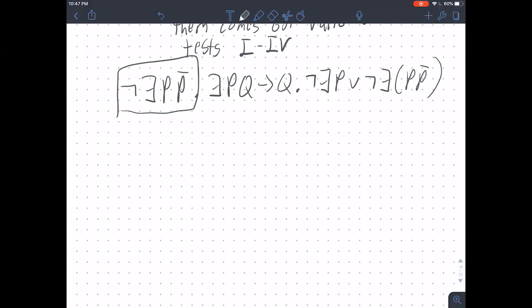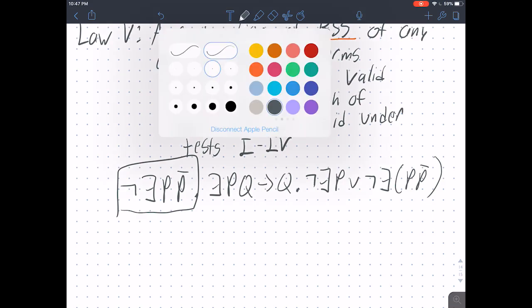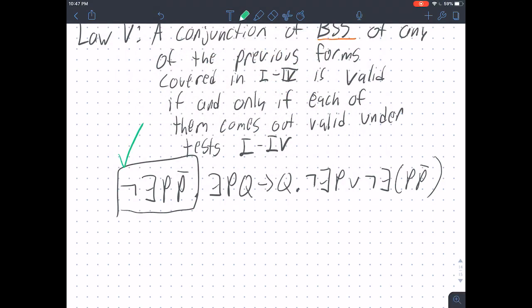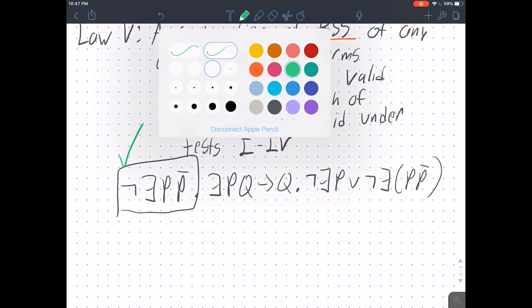So we would test P and not P for inconsistency. I've done this like 3 times in this video, but what's one more time? So our first component of the conjunction is valid using the second law.